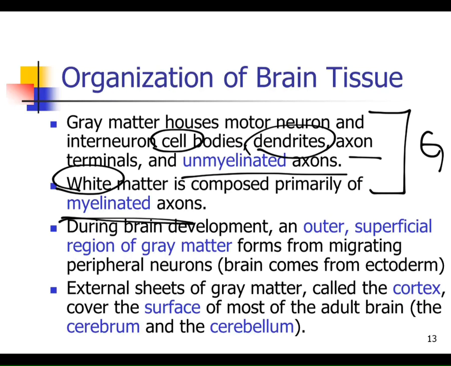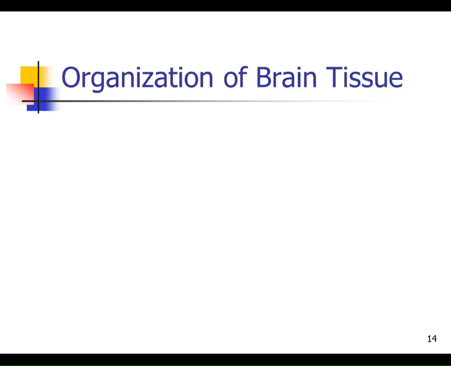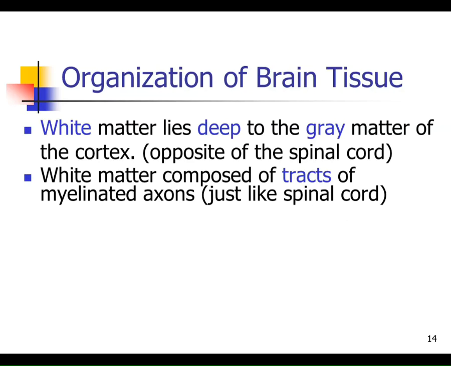So again, that idea of the outside is the cortex. Your cerebellum has a cortex, your cerebrum has a cortex. And we've already seen this as well, that the arrangement of gray and white is different in the spinal cord than it is in the brain. Again, in the brain, what do we see? The white matter is deep to the gray. That's opposite of the spinal cord. In the spinal cord, we saw the gray butterfly deep to the white.